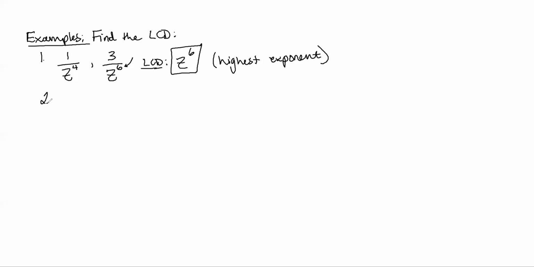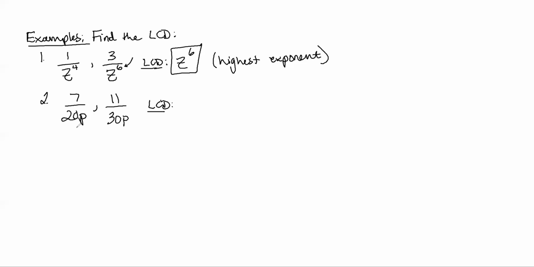Okay, let's try another one. 7 over 20p and 11 over 30p. So again, first thing you want to think is, can I factor these? Well, they're single terms. There's only multiplication, no addition or subtraction. So no, we can't factor.